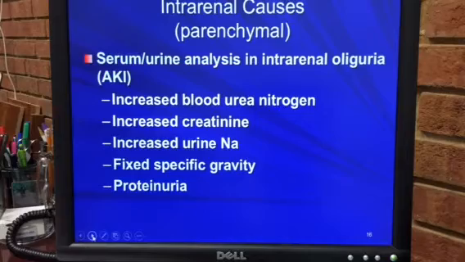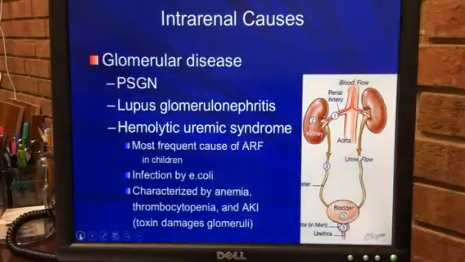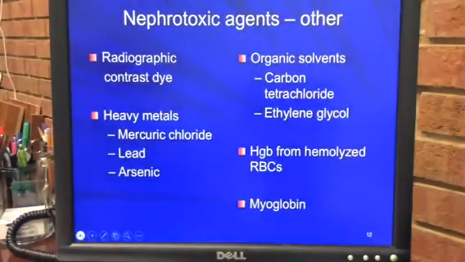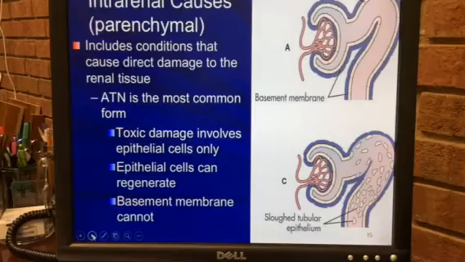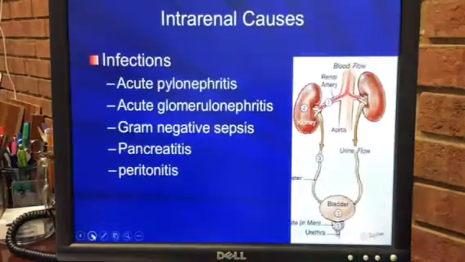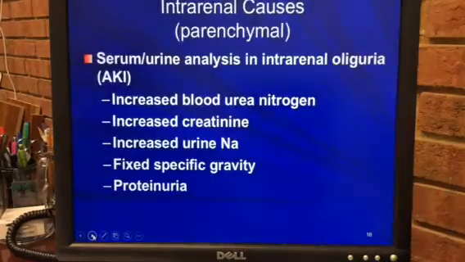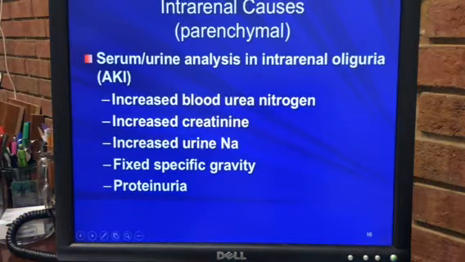In intrarenal oliguria, the causes that we mentioned before, all these things here that are known to be nephrotoxic or in some way damage the kidney proper, produces the kidney failure.